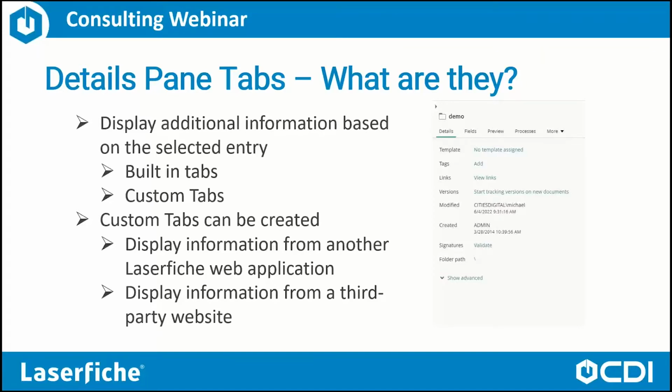Some websites, such as Dynamics CRM and Salesforce, do not allow their applications to be embedded within an iframe, which is what the custom tabs display. If that's the case, unfortunately, your browser will display an error message, and we won't be able to use that specific web page.